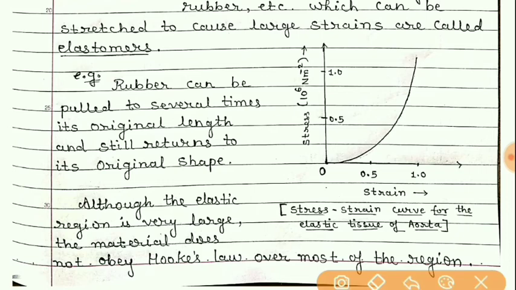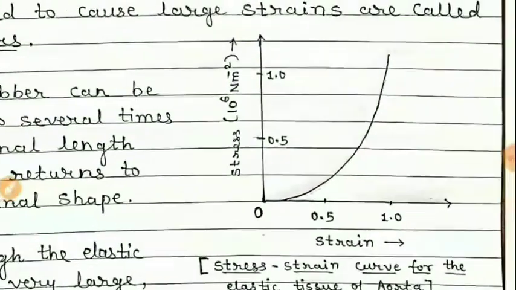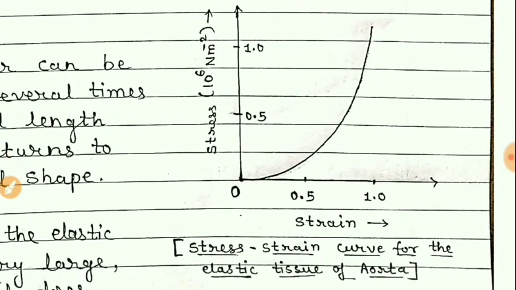Here a typical graph for an elastomer is shown. This graph is for the tissue of aorta. This tissue of aorta is found in the heart. It is quite flexible because it pumps out the blood.